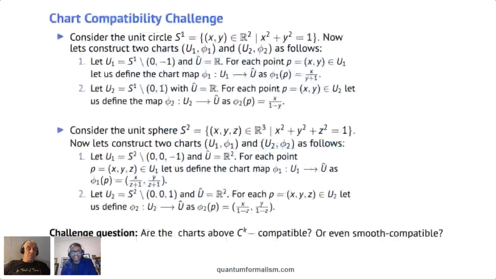Here's another challenge, a lazy challenge. The same, I just copied and pasted. The question is, you have these charts, and whether these charts are CK compatible or even smooth compatible, you have to check as maps from Rn to Rn whether they are CK or smooth.